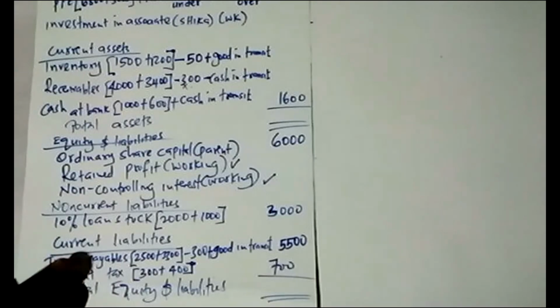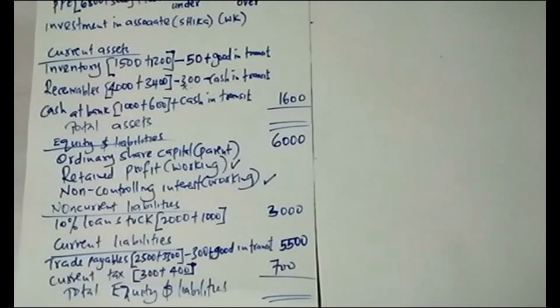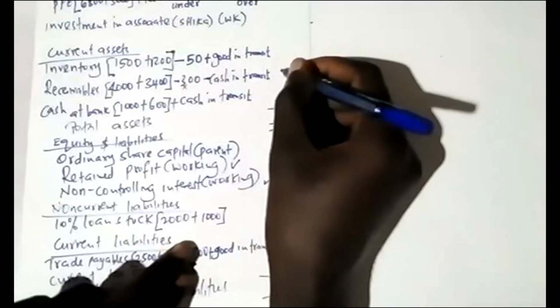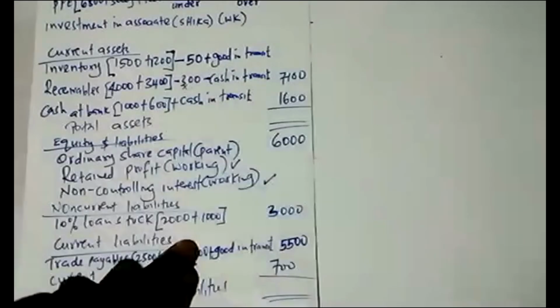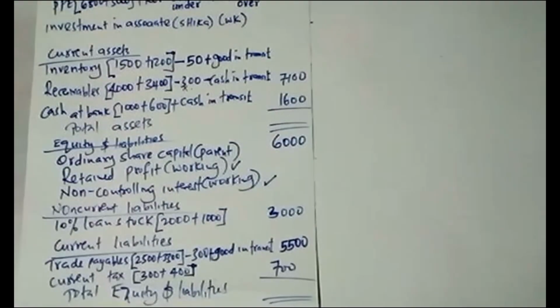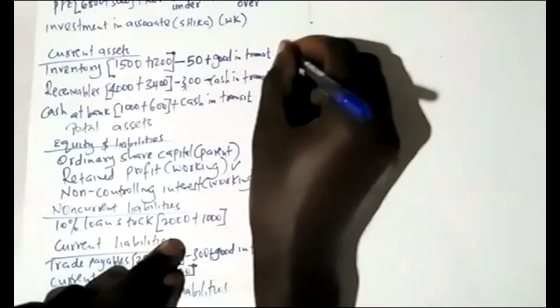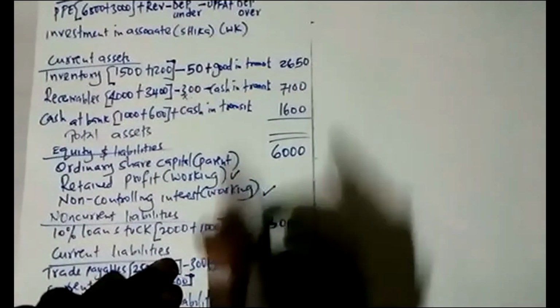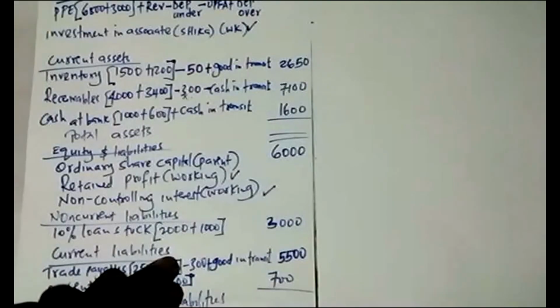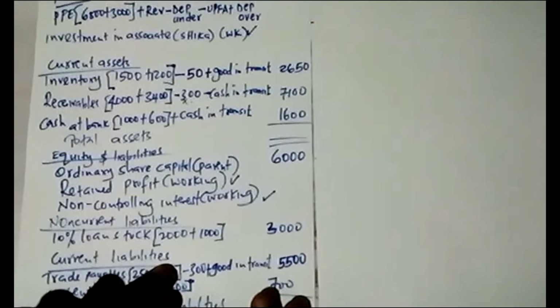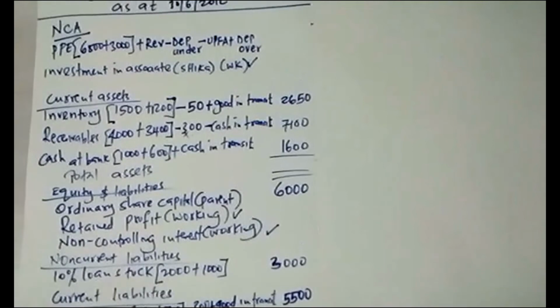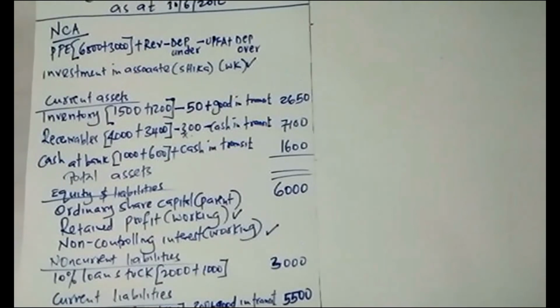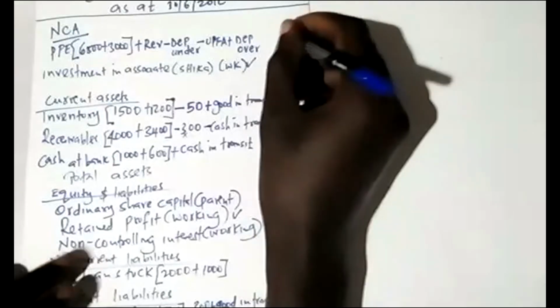Then 7,400 minus 300, that is 7,100. Then the other one is 1,500 plus 1,200 minus 50, that is 2,650. And again, this one needs a working. Then the first one there is 68 plus 38, that is 98.